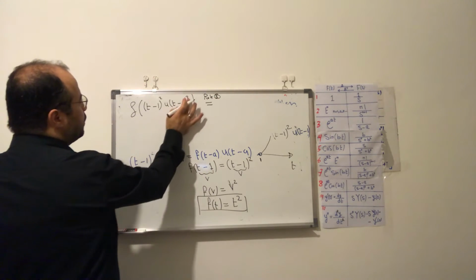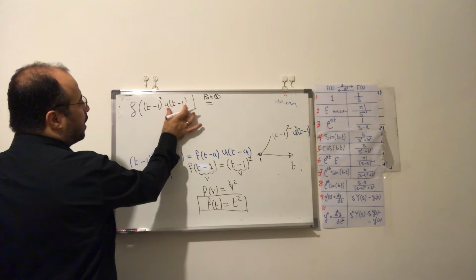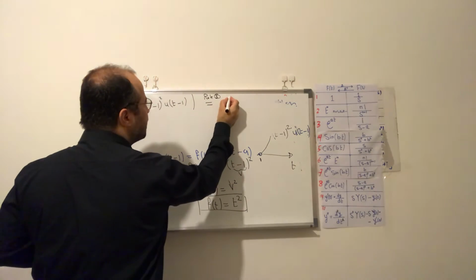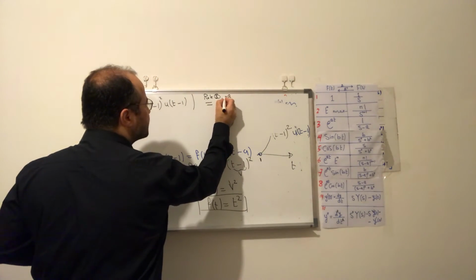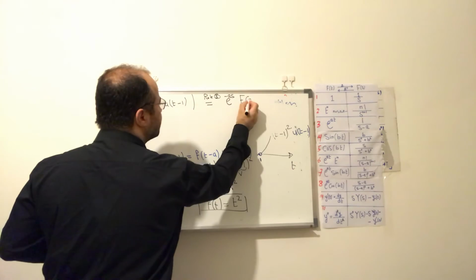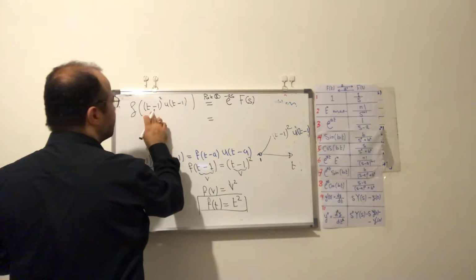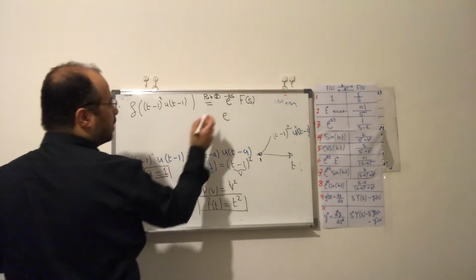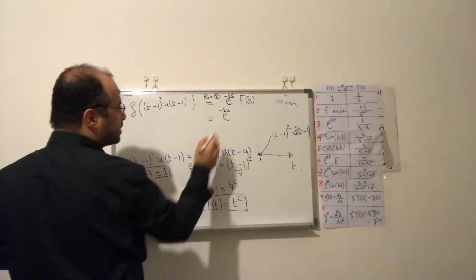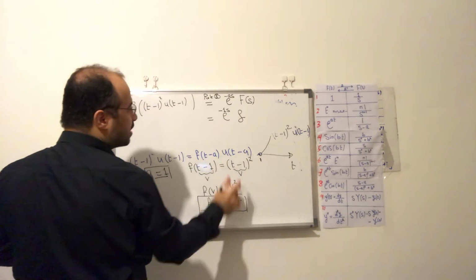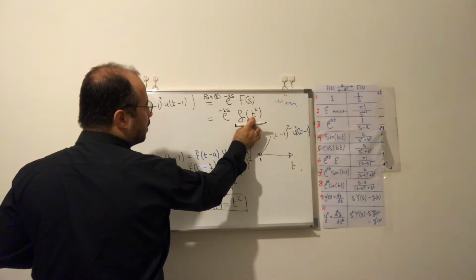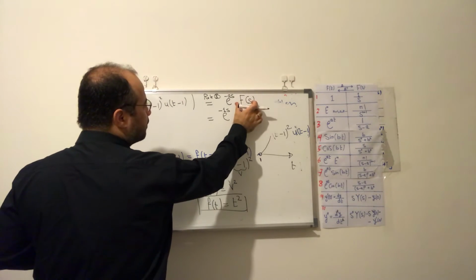It says when you multiply by a Heaviside function shifted by a units, then you multiply by e to the minus a s, and then here we have F(s). We know what a is now, so it is e to the minus 1s. Now what is F(s)? It is the Laplace transform of t squared. So this is f small, and the Laplace transform of f small is F big.